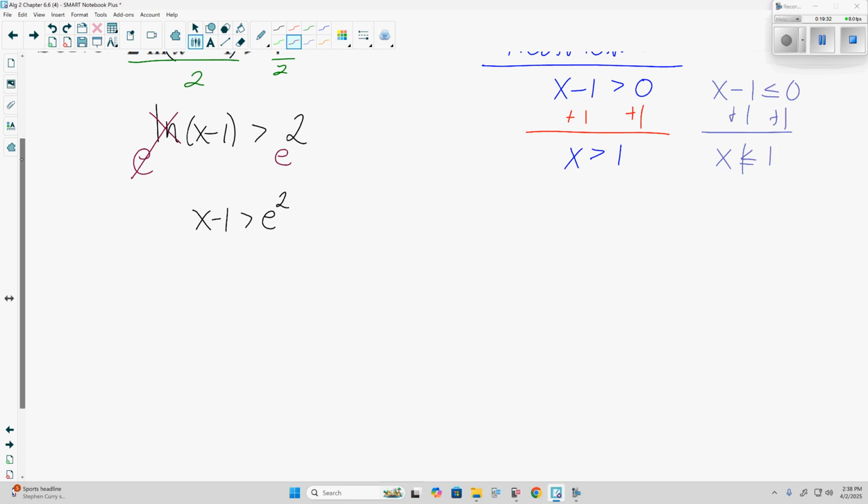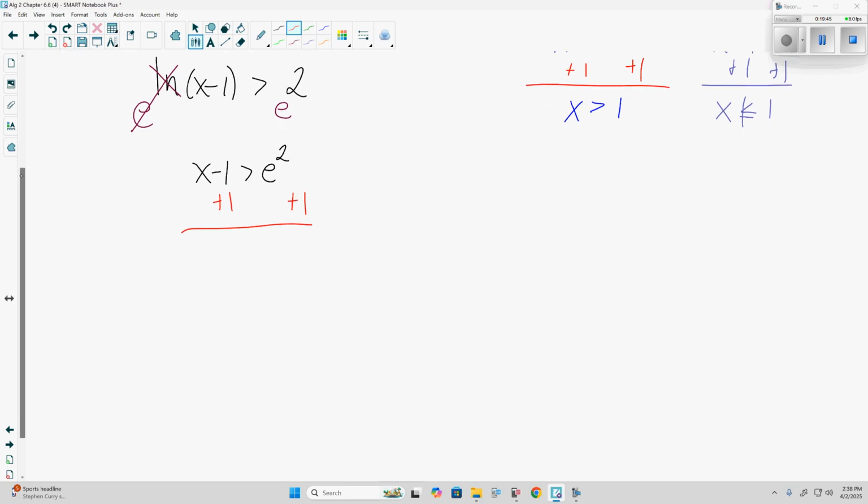So now we have x minus 1 is greater than e squared. Well, e squared is not a nice number. And the last thing to do to get x by itself is to add 1, telling us x is greater than e to the second plus 1.